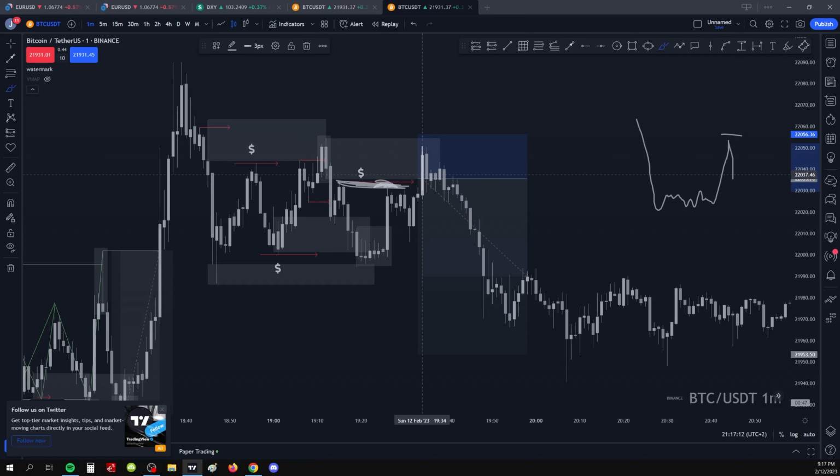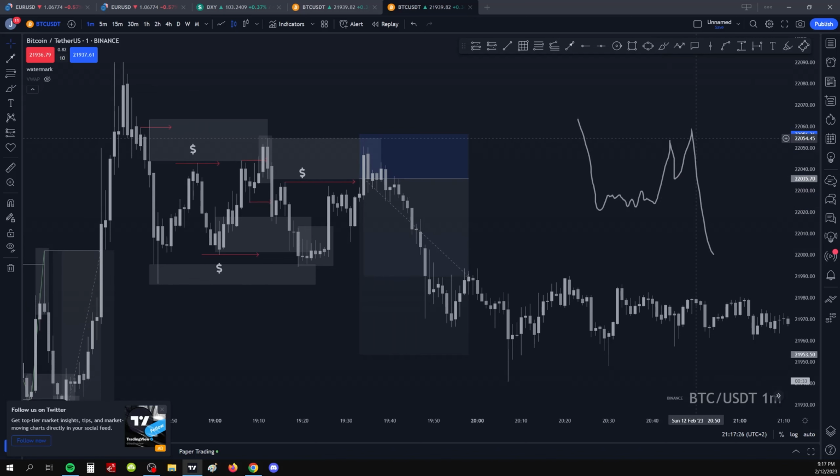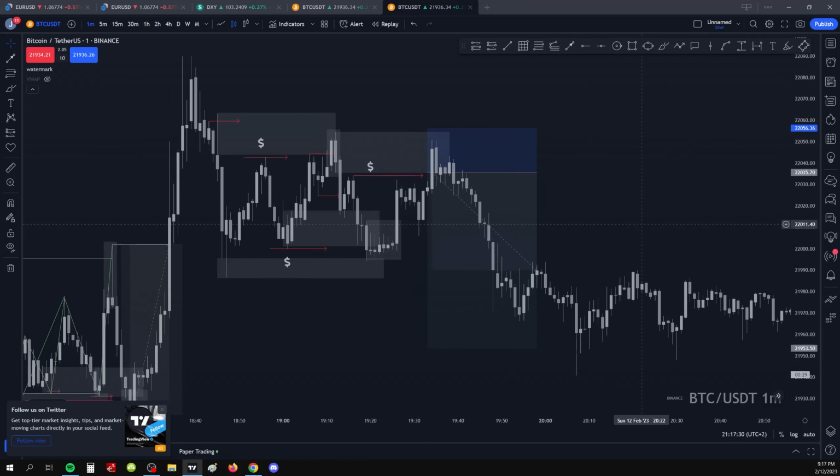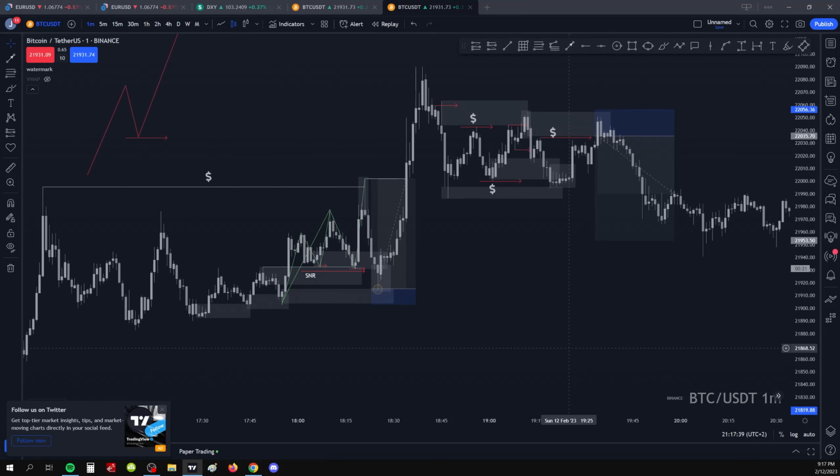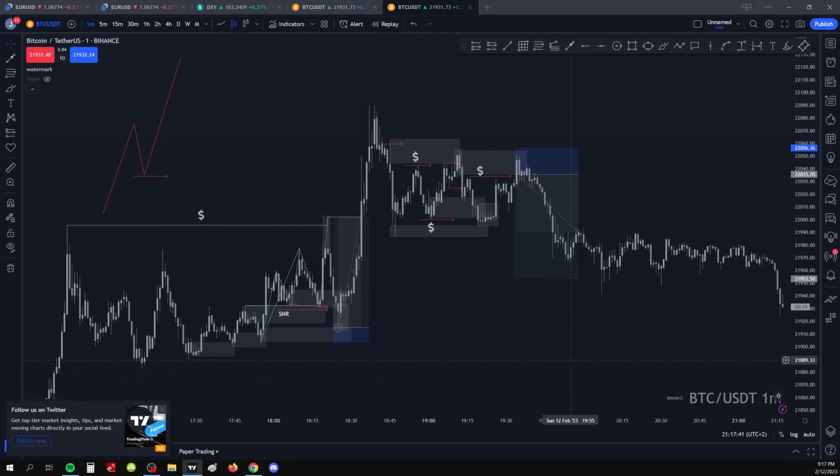Because they absorbed all this money from these both highs. Okay, bam, huge move down. So always think, money, we reverse, money, we reverse. Okay.